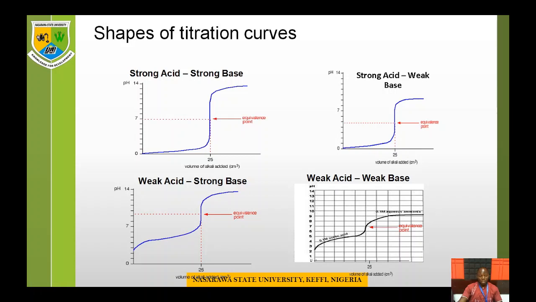In trying to know the pattern or the curve, at that point you are expected to stop and trace the mark where it stops. Once that is done, you will have a pattern that is in S shape. That is for a strong acid against a strong base.